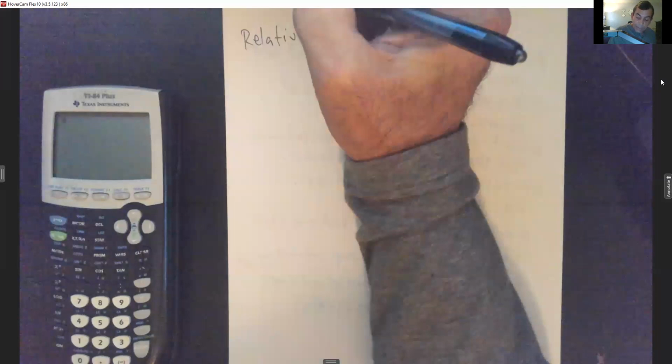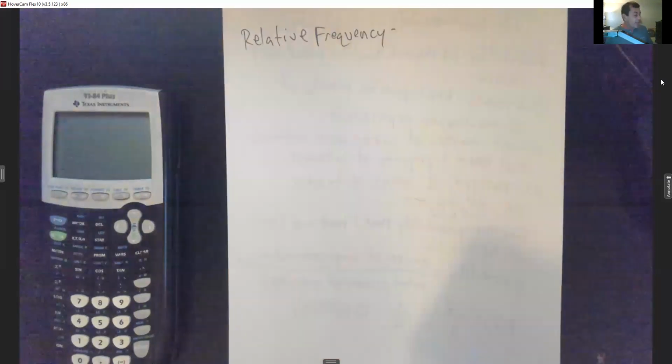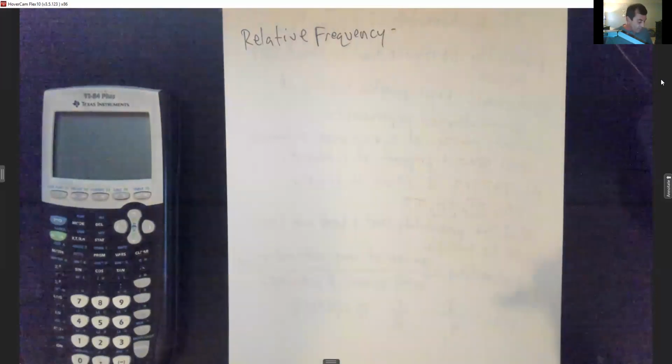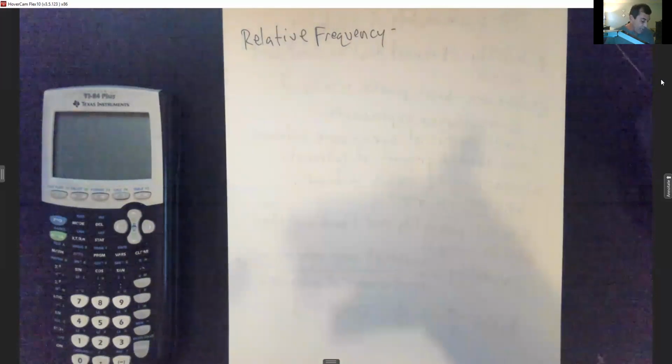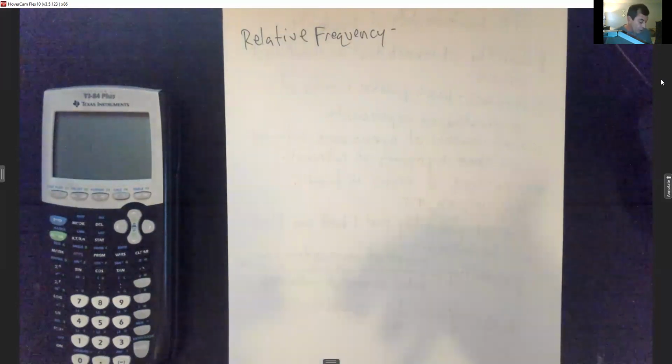So the second way to find probabilities is what we call the relative frequency method. And basically, it's about the same thing. You're going to approximate the probability of an event happening by making observations and counting the number of times the event occurs.